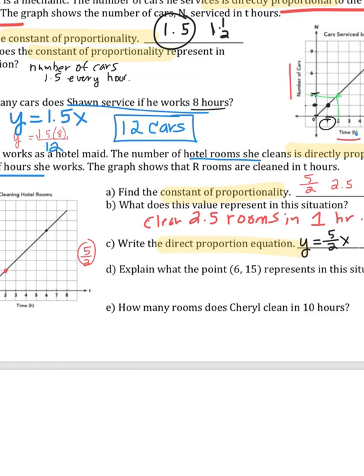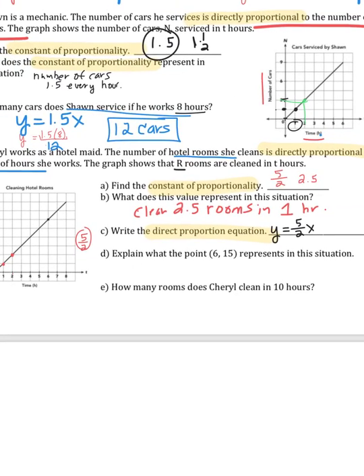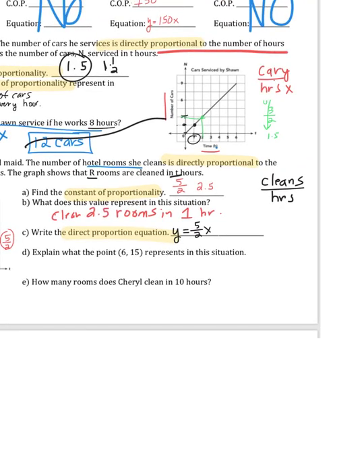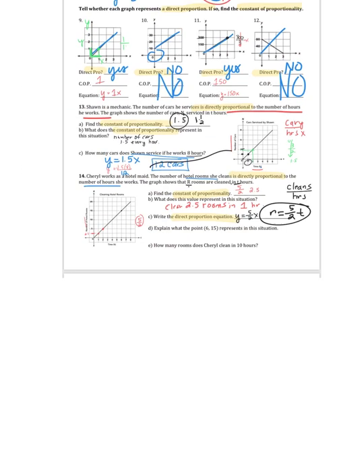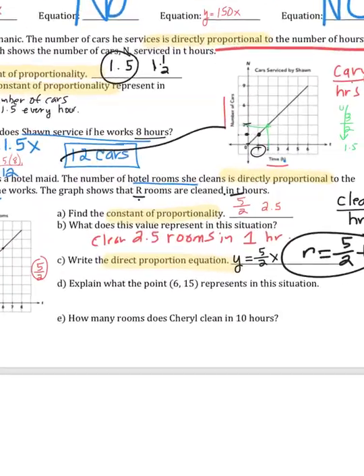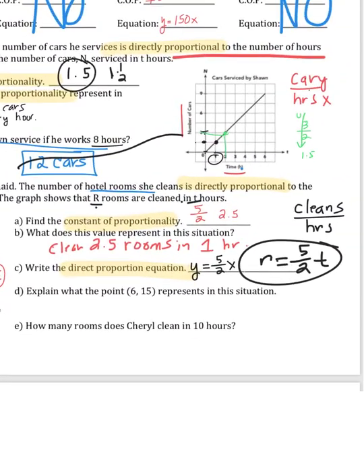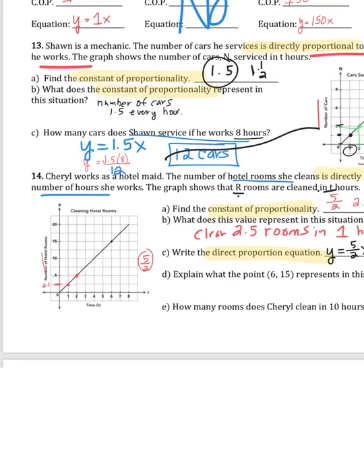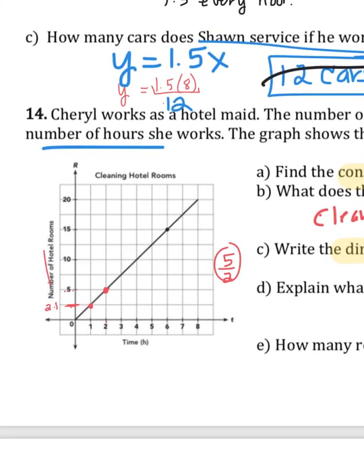This one says rooms and hours, so I would change this into rooms R equals 5 over 2 T, because it's telling me to use R and T. All right. Explain what the point (6, 15) represents in this situation. Okay.